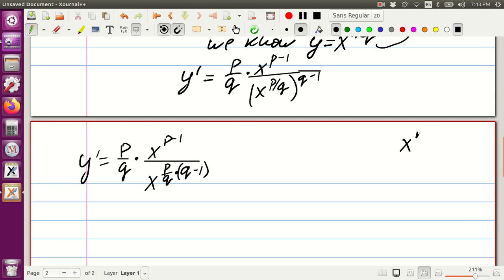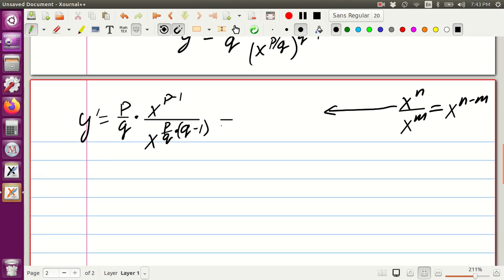Alright, so now we have to simplify this expression. Let's look at the rules again. If we have x to the n divided by x to the m, that's x to the n minus m. So we're going to apply this rule to our expression. And this is equal to p divided by q times x to the p minus 1 minus p over q times q minus 1.